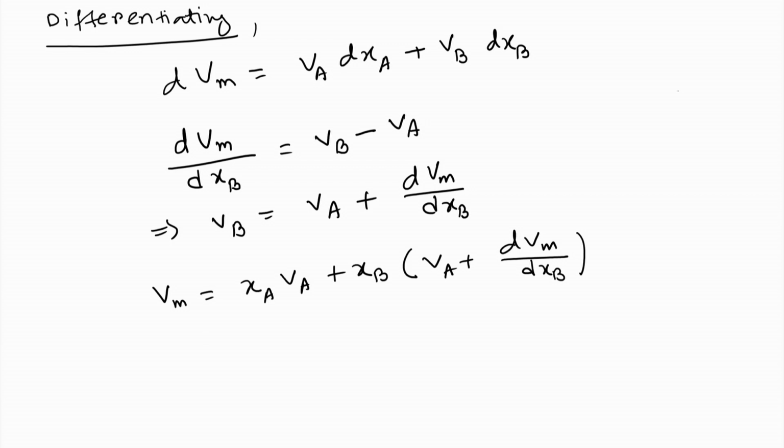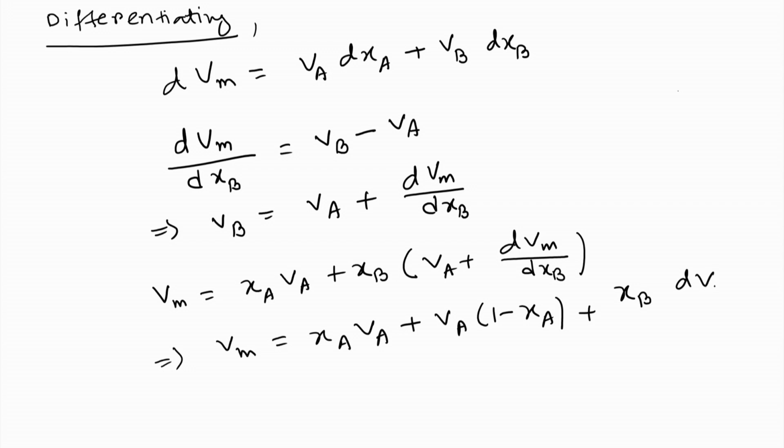Okay, and then we can simply modify, and then we get Vm is Xa times Va plus Va times 1 minus Xa, okay, plus Xb times dVm by dxb. Okay, so Xb we can write, this is because Xb is nothing but 1 minus Xa, right, because we consider binary mixture. Okay.